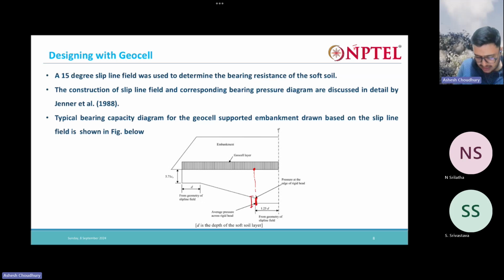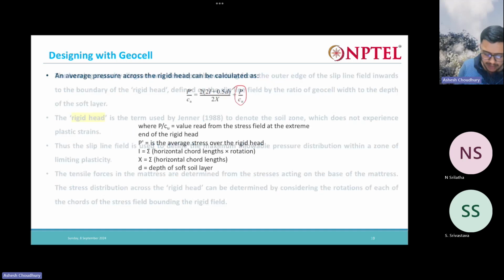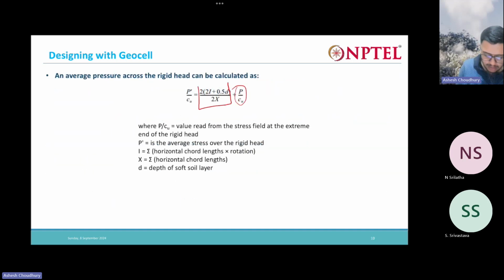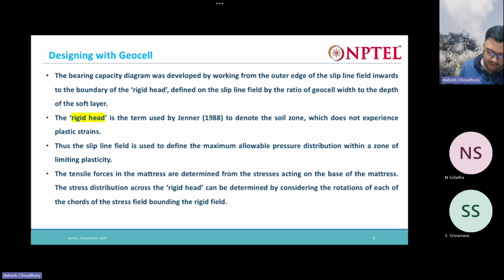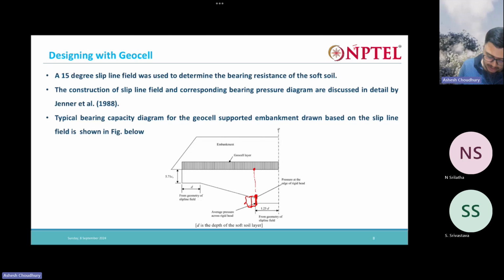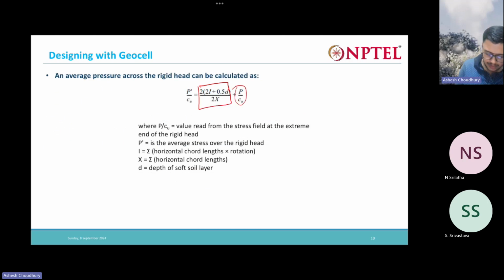This increase in pressure is given by this term, 2 into twice I plus 0.5 d by twice x. P is the pressure at this point, and then it is increasing. This increase is given by this complete term.